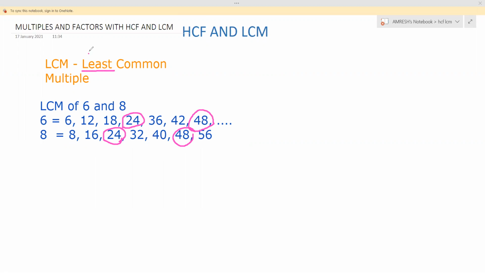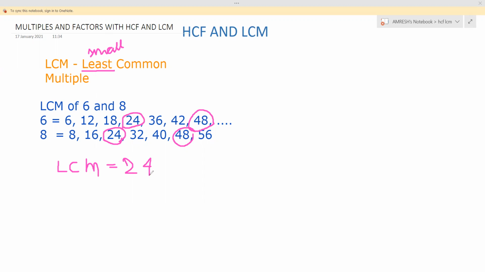Least means what? Small. So that's why LCM is how much? 24. LCM is 24. Okay.